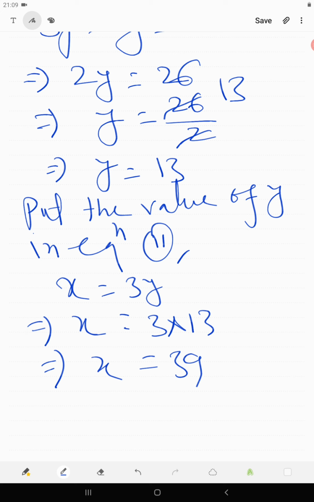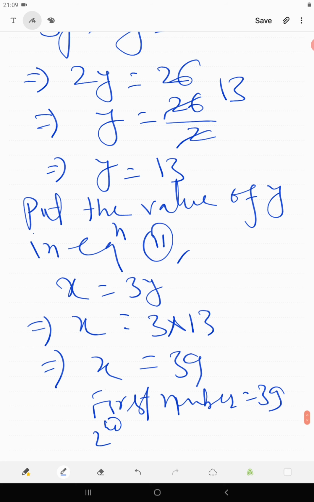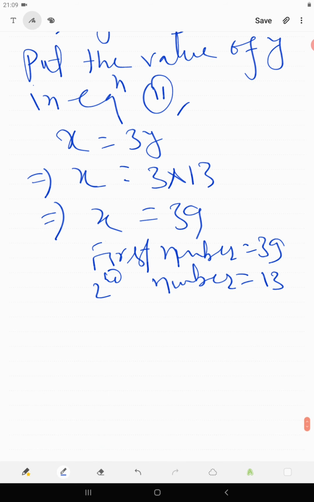So x is the first number, so first number is 39, and second number is 13, because there are two numbers, right? So check it, 39 minus 13, the difference you will get 26, and 13 into 3 is 39. So that is for the first problem.